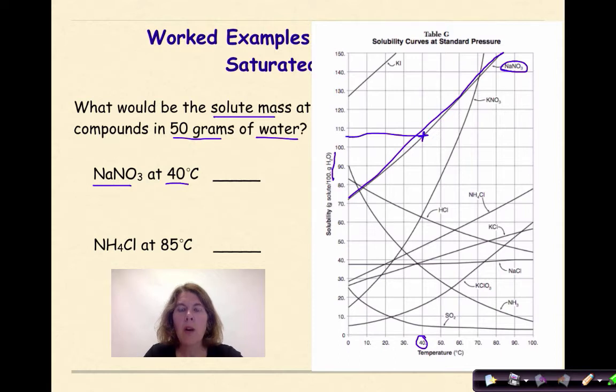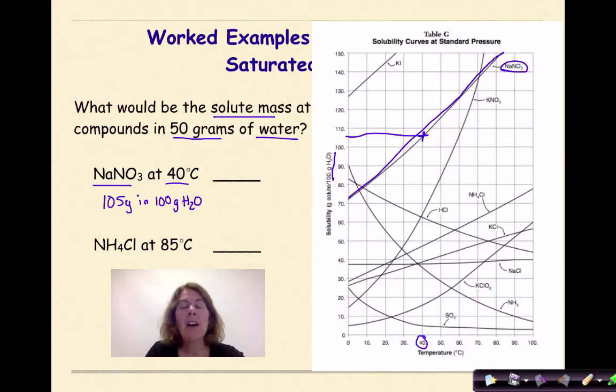I will go across, and roughly I'm going to say that's probably, if I had drawn a straight line, about 105 grams of solute in 100 grams of water. So in 100 grams of water, we would dissolve 105 grams of NaNO3.